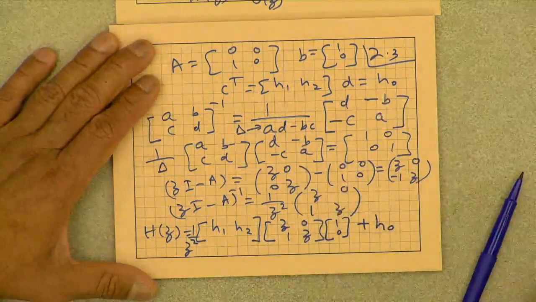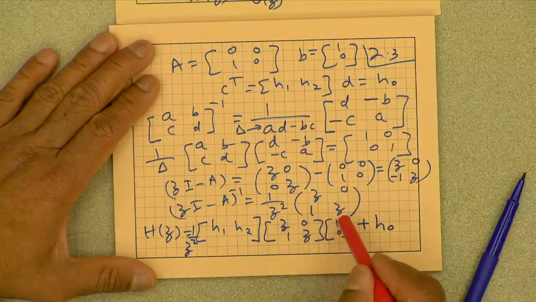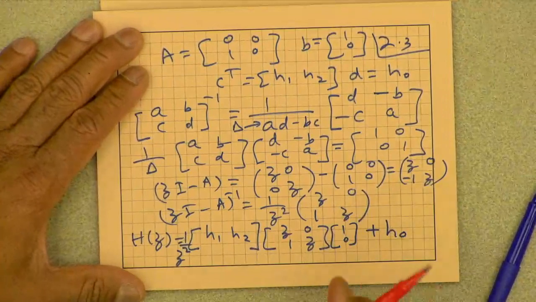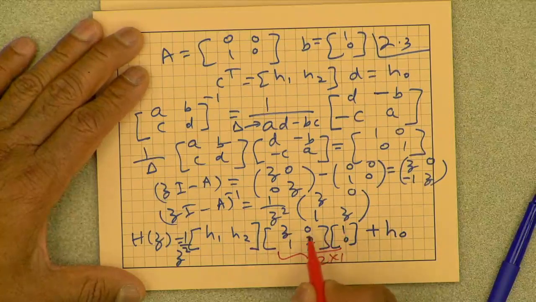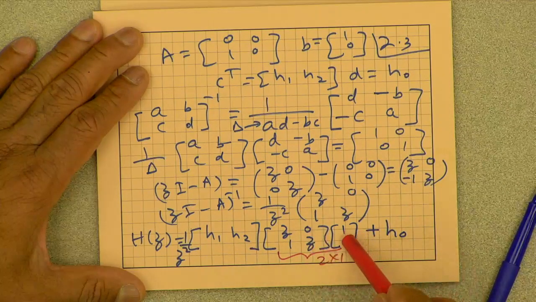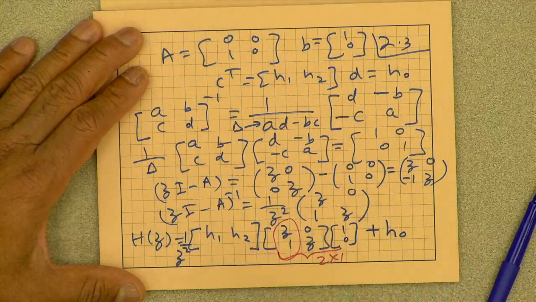Okay, so what exactly is this 2 by 2 matrix times this? So this whole thing here is going to be a 2 by 1, and that's z times. So essentially, because this is 0, we just retain the first column. That's what it does.